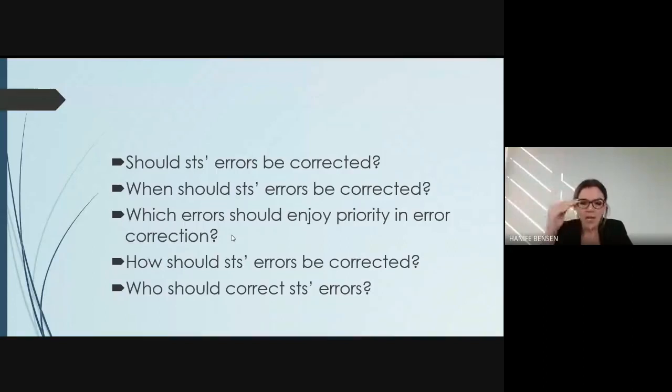Now, if we take into consideration the first question, should students' errors be corrected? Again, we need to go back to the studies and the ones now. Errors were seen as academic sins, like I said.